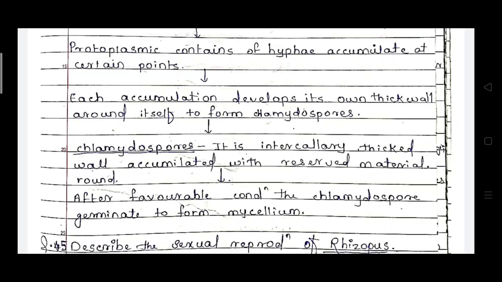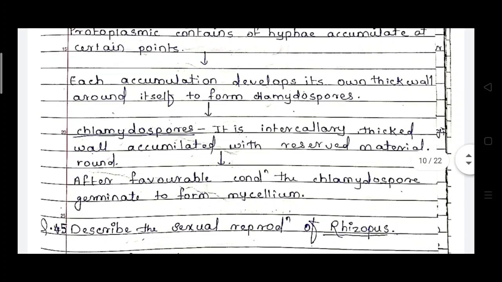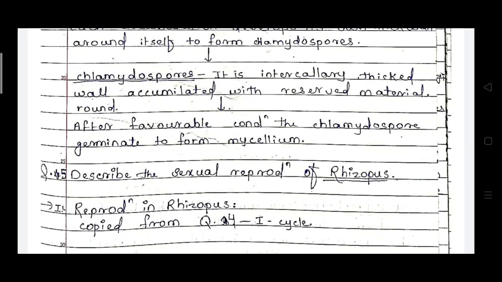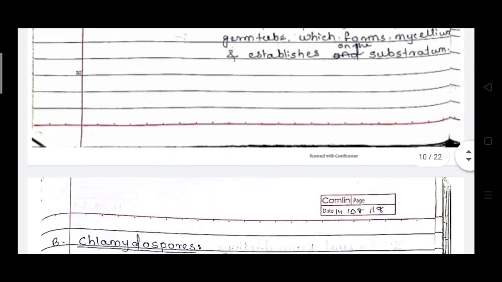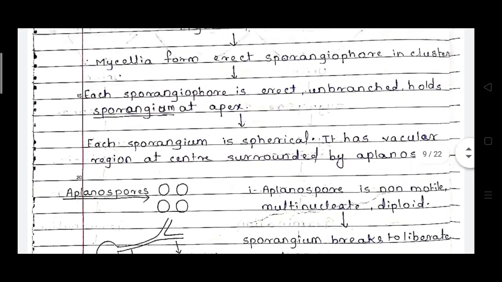In favorable conditions, these chlamydospores will germinate and form the mycelium. So in these two ways the asexual reproduction takes place in Rhizopus, that is, the development of aplanospores and chlamydospores. So this is regarding the asexual reproduction in Rhizopus.